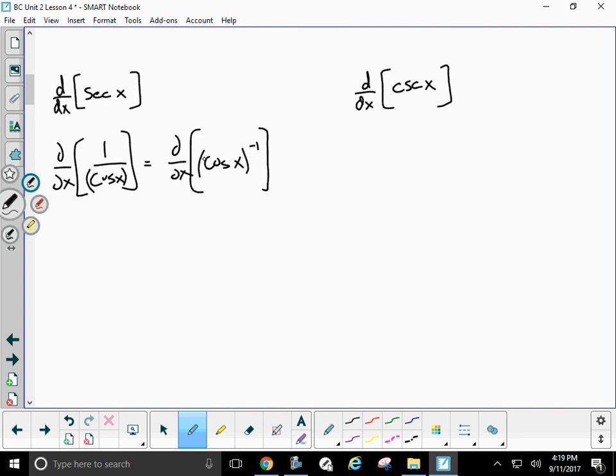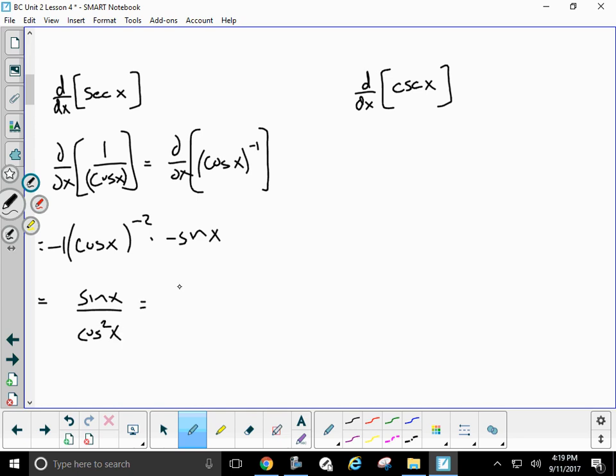So the outside is the stuff to the negative first power, so I'd have negative 1 to the negative second. Leave the inside alone, times the derivative of the inside, which would be negative sine of x. So this is the derivative, the tangent slope generator. That can be simplified to sine x over cos squared x.